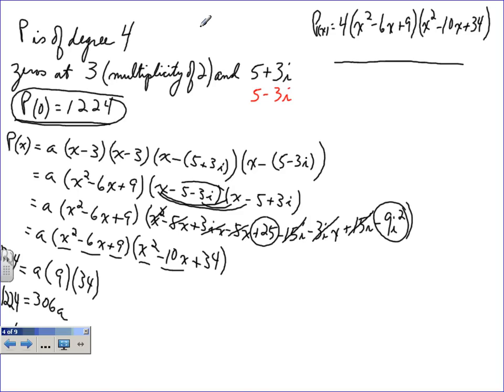Before you substituted the 0 for x, why did you multiply those two? Why didn't I multiply these two together? I could have. I just thought it'd be easier. But you can do that. Right. Anything else?